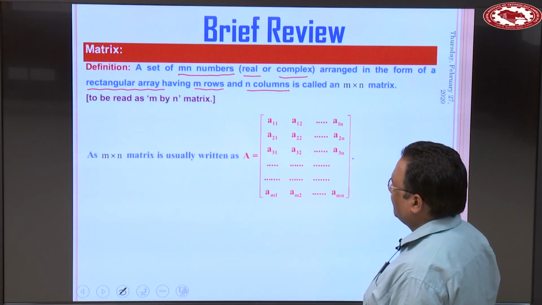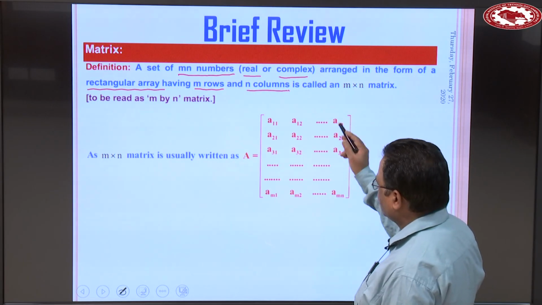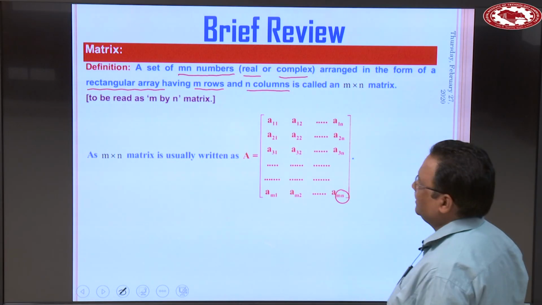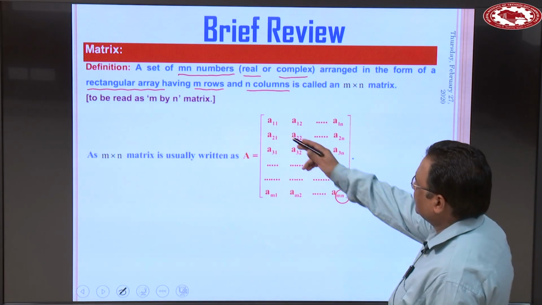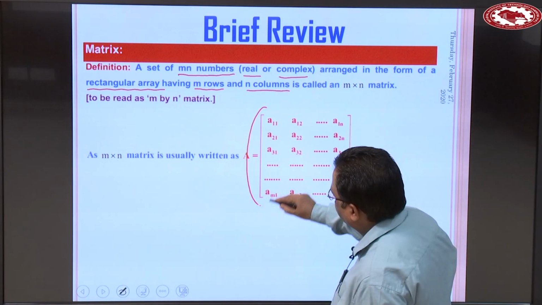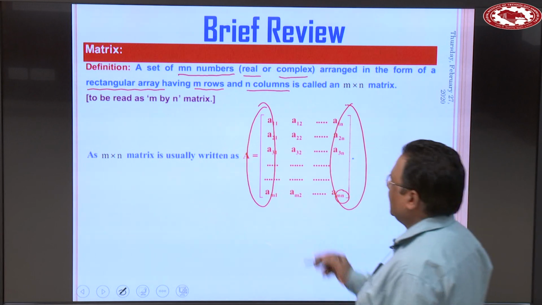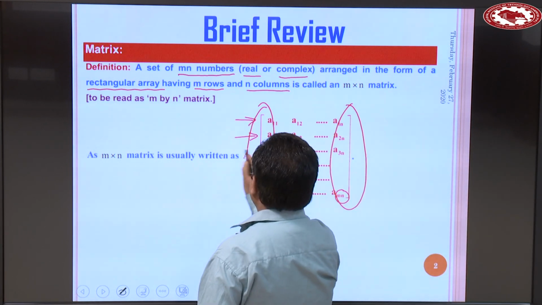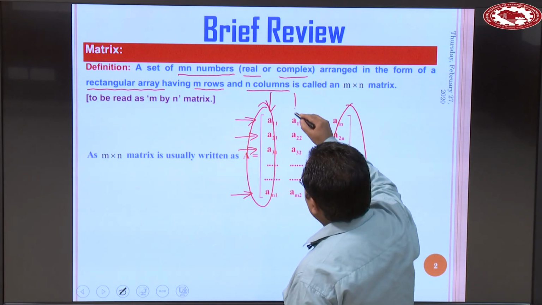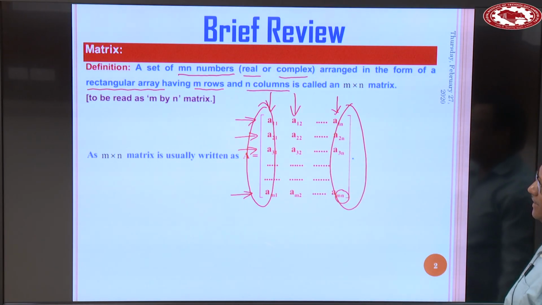So, total numbers mn, m multiplied by n. M rows means first row, second row, third row and mth row, and n columns: first column, second column and so on, nth column.